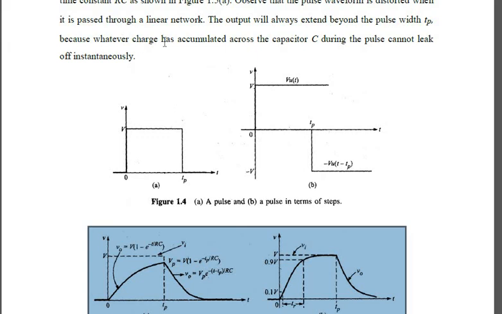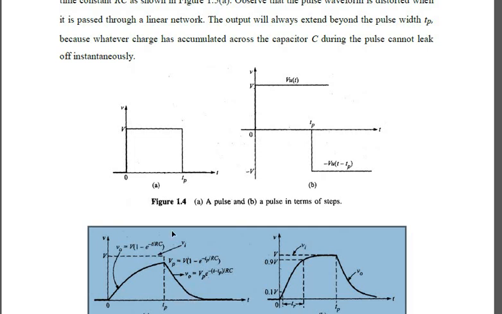Because whenever the charge has accumulated across the capacitor during that pulse, it cannot leak off instantaneously, means it cannot be discharged instantaneously during this particular pulse width. So that's the reason the output extends beyond the pulse width TP.